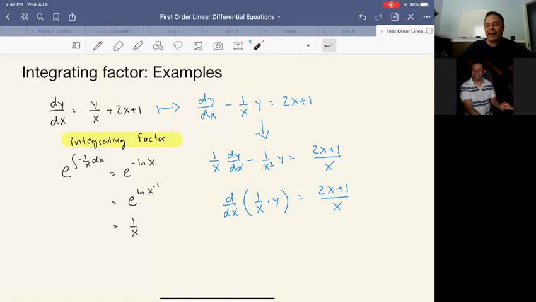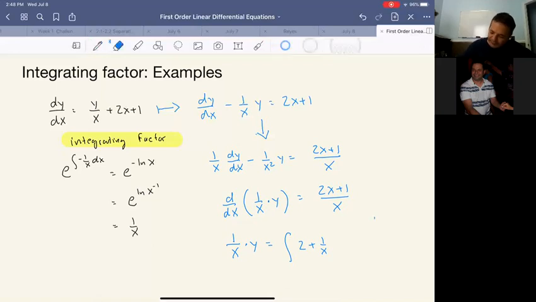Okay, so now let's do a little simplification, but we'll integrate both sides. This integral is easy. We just get rid of the derivative. Equals the integral of, I'm going to write this as, 2 plus 1 over x. What happened there?